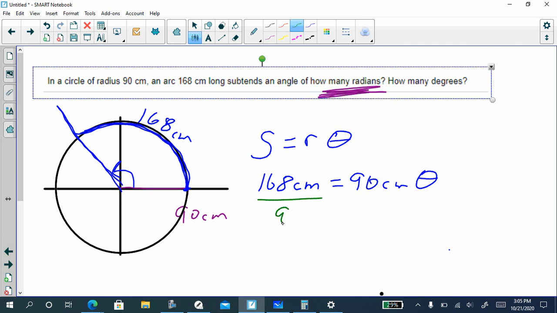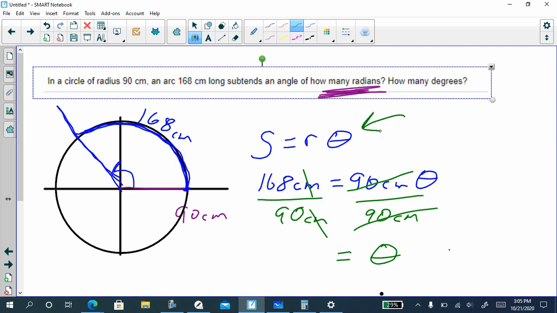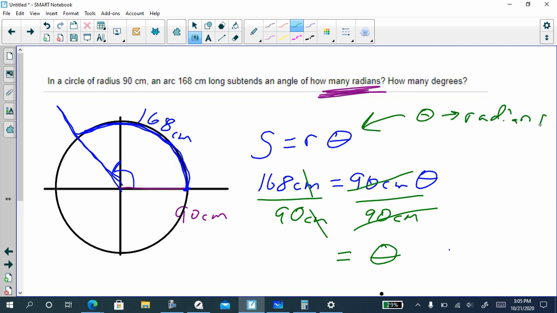So if we divide both sides by 90 centimeters, notice on the left our centimeters cancel. So our angle doesn't have any units. An angle in radians is a unitless angle. This formula only works for theta being an angle in radians. So a unitless angle refers to radians. So we could reduce this.